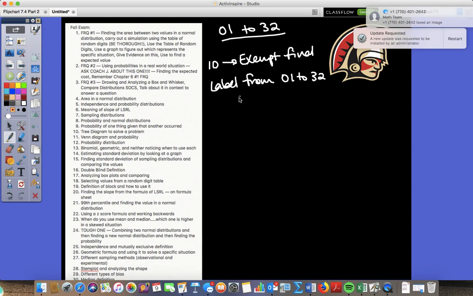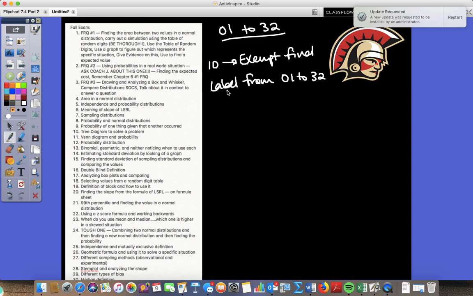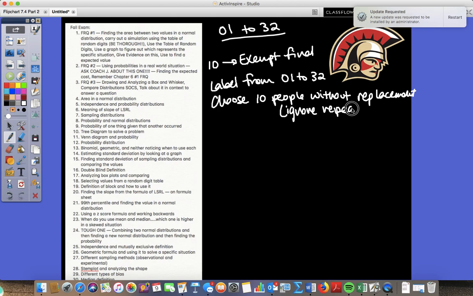Once I label that, my next part is to say what I do from labeling. Now I'm going to choose 10 people without replacement, and we would ignore repeats or numbers outside my range.